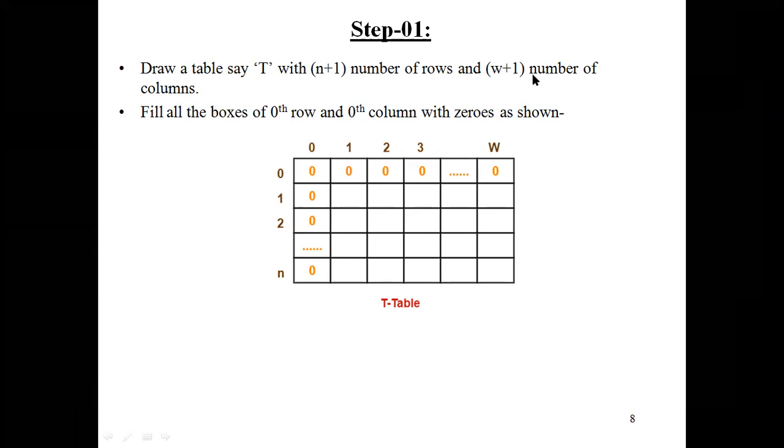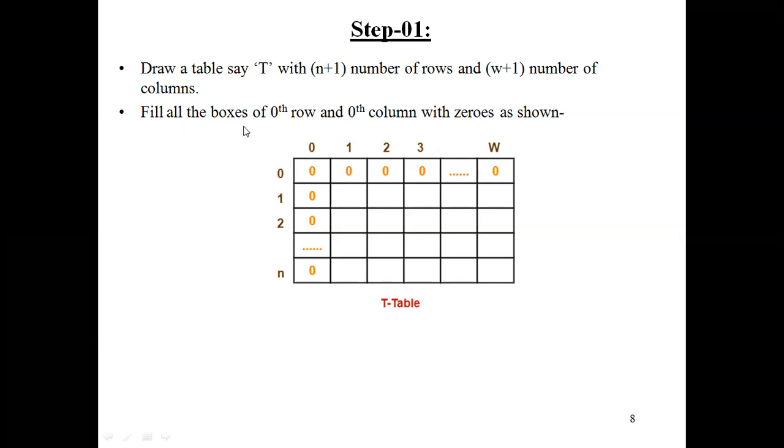So the number of columns is W plus 1 and the number of rows is n plus 1. What is n here? n is the number of objects or items. W is the weight capacity of the bag, maybe 15 kg or 10 kg or 20 kg like this. So n plus 1 rows and W plus 1 columns.